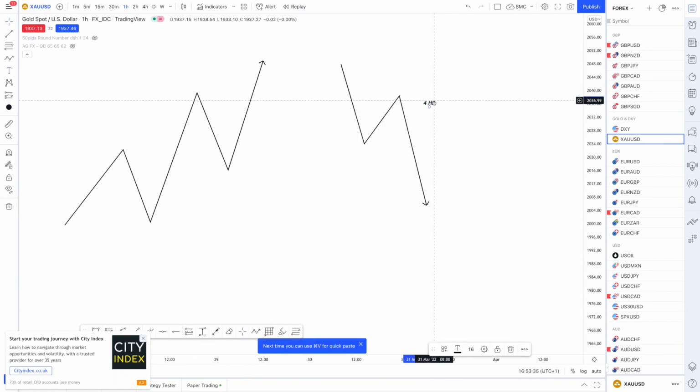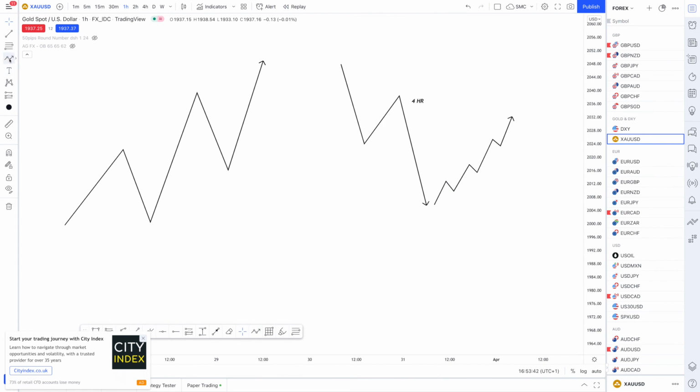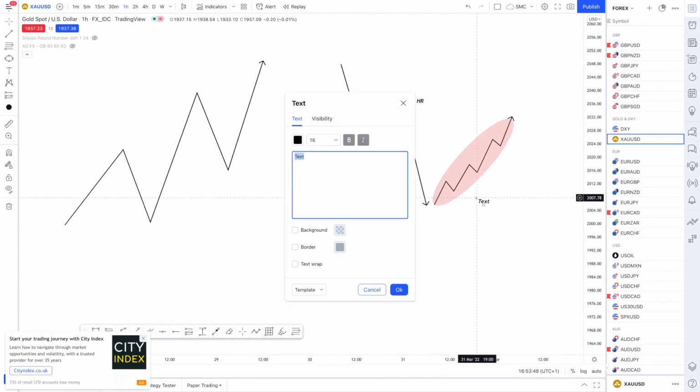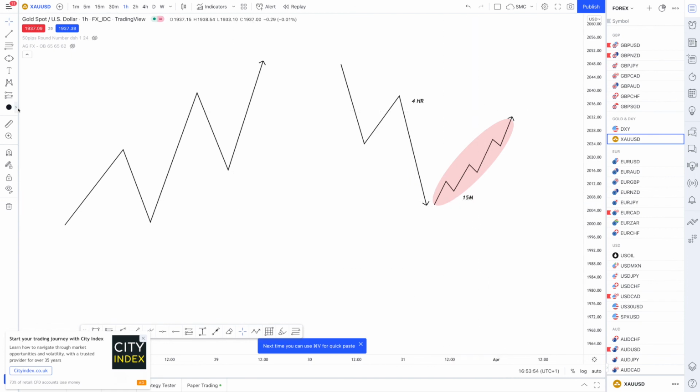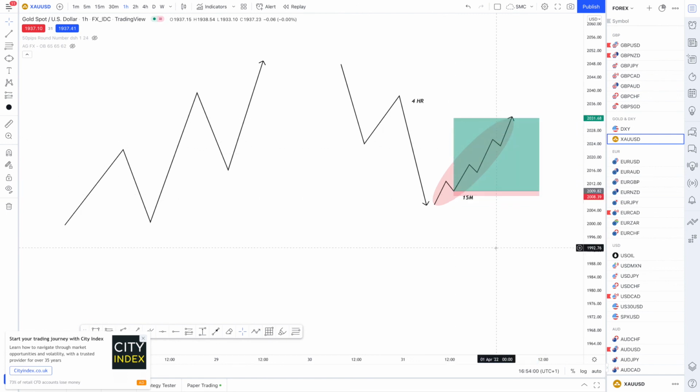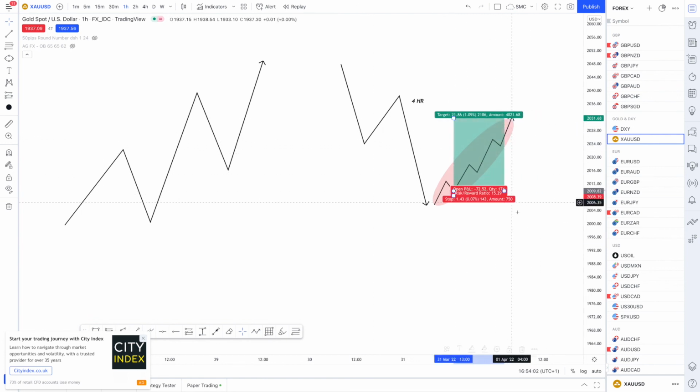If we know that this pullback here on the 4-hour time frame needs to happen, then we know that on the lower time frames, like the 15-minute, we're going to have a move up, we can then start to look for buys on the way up, using a scalping method. And this is pretty much what we've done.